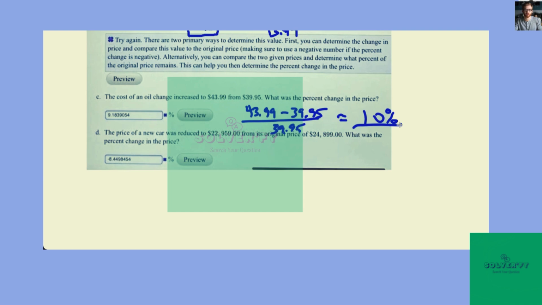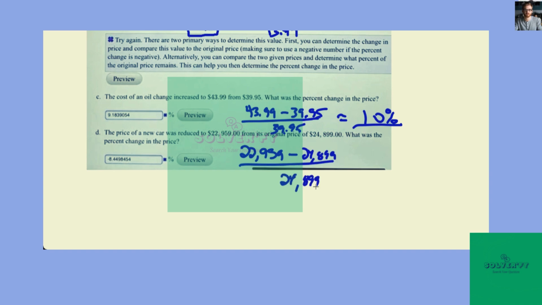And finally, a new car was reduced to 22,959 from 24,899. How much did it change? This went down, so 22,959 minus 24,899, compared to what it started at, 24,899.